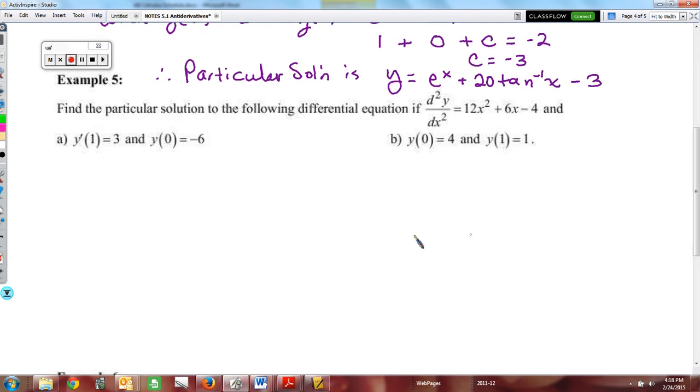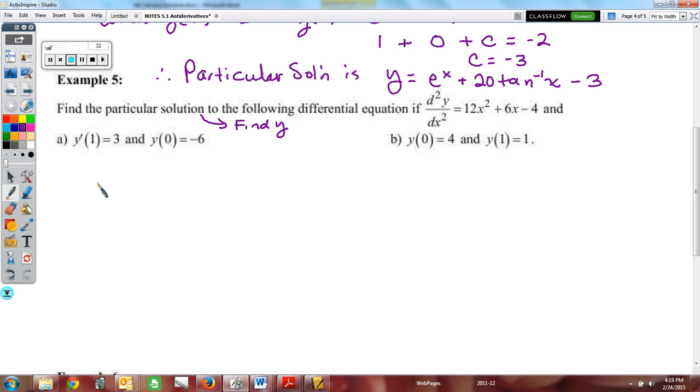All right, now let's take a look at a few more examples of these differential equations. Notice that in this one, I didn't give you the first derivative, I'm giving you the second derivative. If I want to find a particular solution, we're still trying to find y. We're trying to find the original. So you're going to have to separate and integrate twice on this problem.